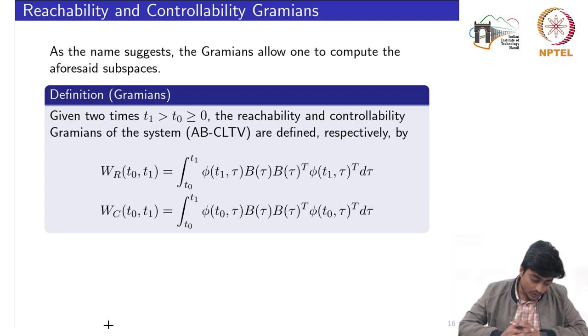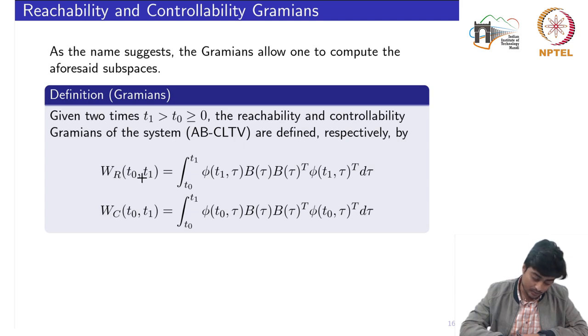So given two times t1, which is greater than t0, or greater than or equal to 0, the reachability and controllability gramians of the pair AB of a continuous linear time varying system are defined as follows. We use the symbol WR for the reachability gramian and WC for the controllability gramian.